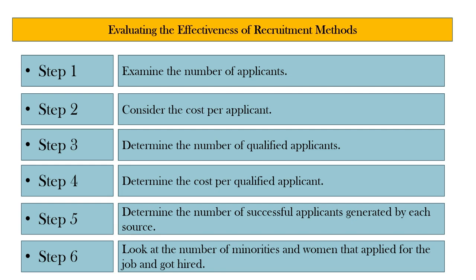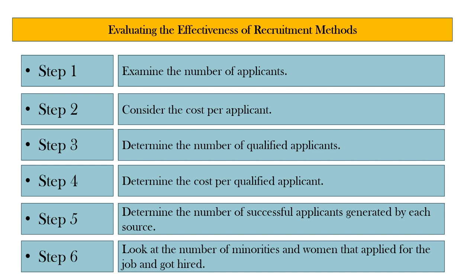Next is you're going to determine the number of successful applicants generated by each source. For example, for the internet, how many successful ones did they generate, who passed. Okay, who were actually hired. Even better if they were hired and placed in a certain job. So how many employees were there?